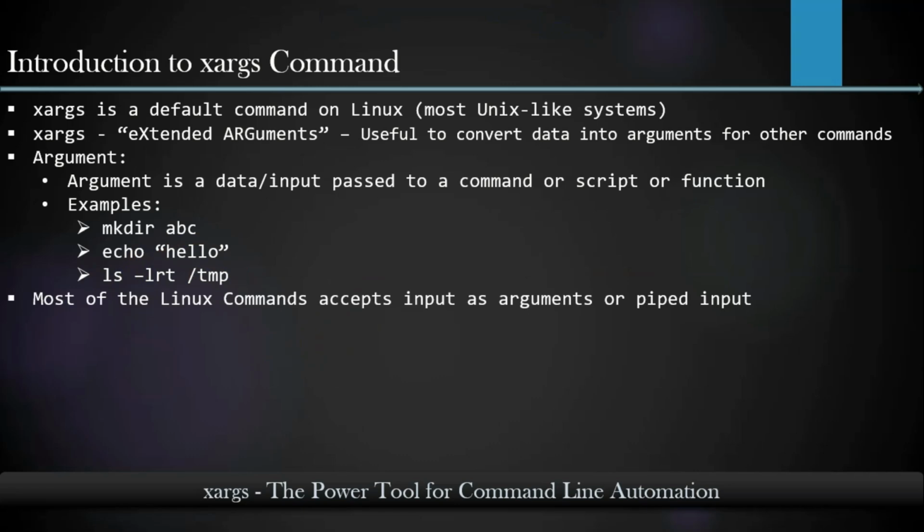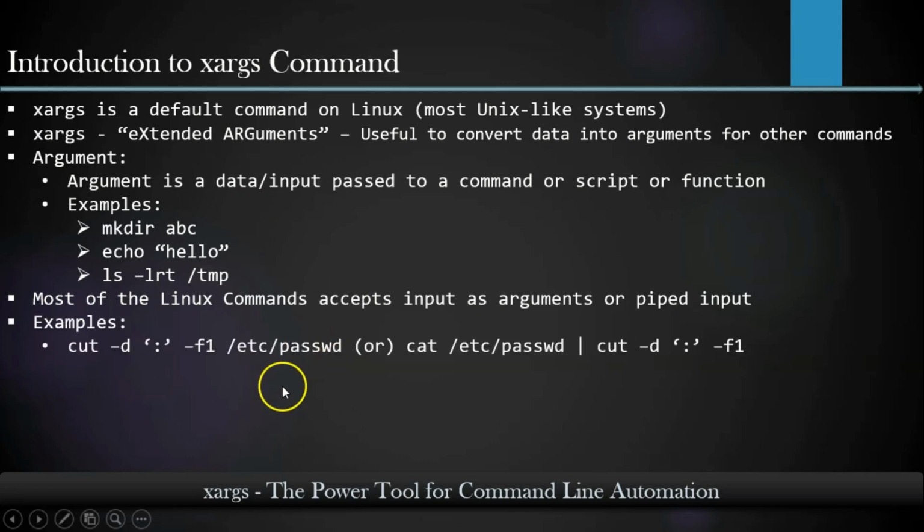See, most of the Linux commands accept input as arguments or piped input. Let me give a simple example to understand this concept. If you observe here, for the cut command, directly we have given a file, the /etc/passwd file, as an input. So here, this is called an argument for your cut command.